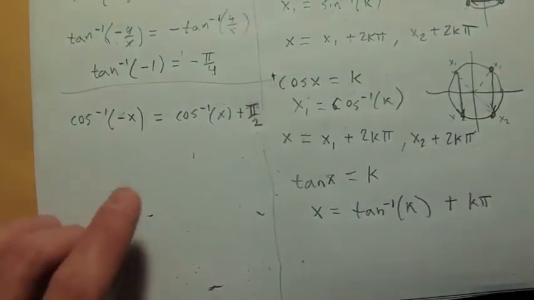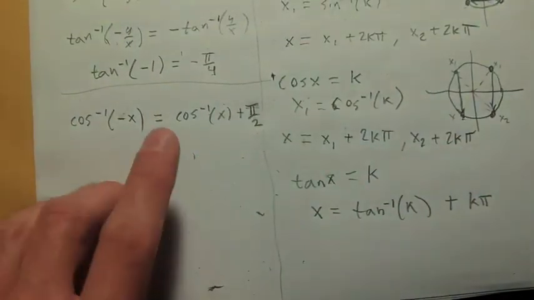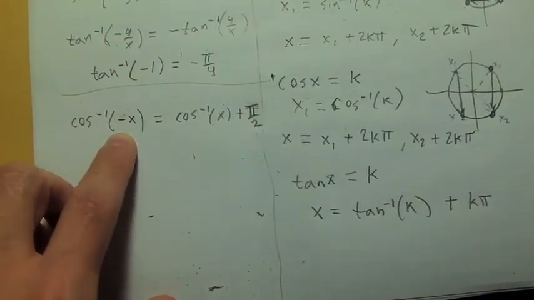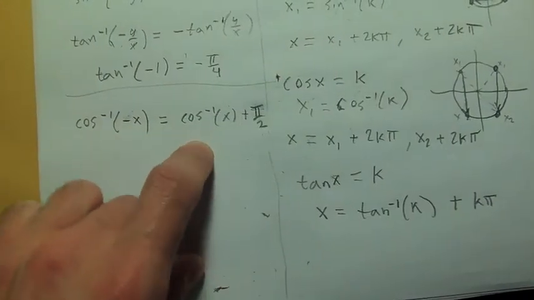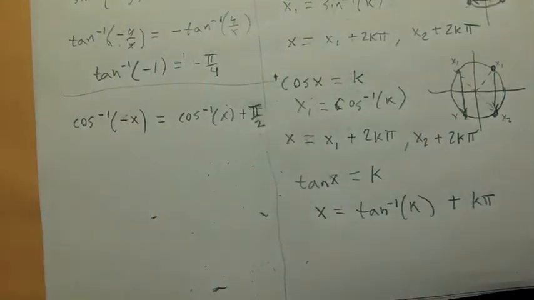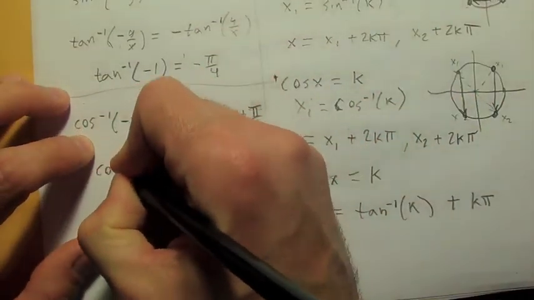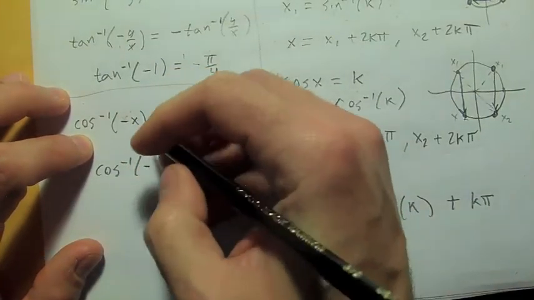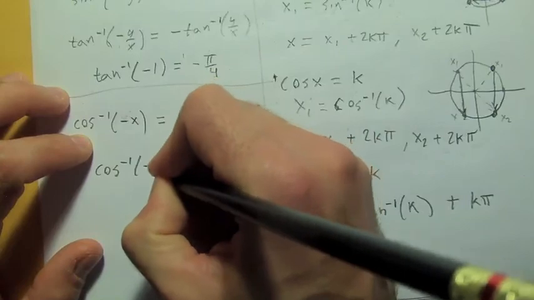Okay, so as I said, had a little camera issue there. Cosine inverse of a negative x, what you can actually do is just find cosine inverse of the x and add pi over 2. Say for instance you want cosine inverse of, let's say, negative square root of 2 over 2.